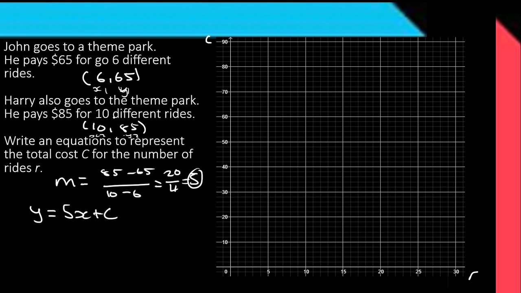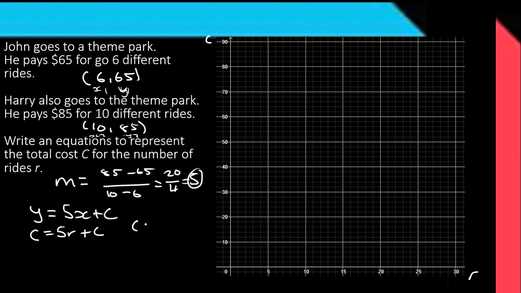And then all I need to do is pick one of them to go in because both of those ordered pairs have to work. There's a set price per ride and then there's a set price maybe that they have to pay to get into the theme park. So instead of putting y and x, I need to put the cost equals 5r plus c. You can see how they are exactly the same thing, but obviously the variables are different because it's a real life question.